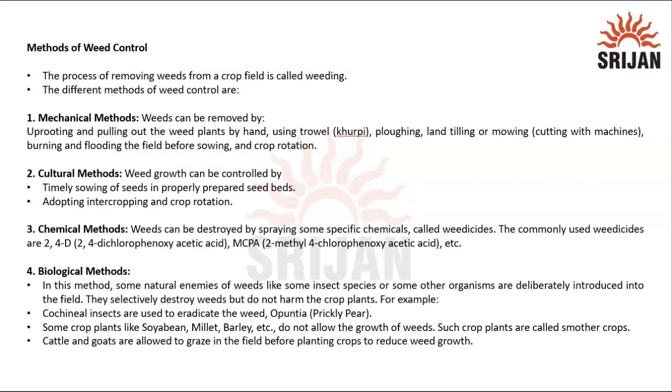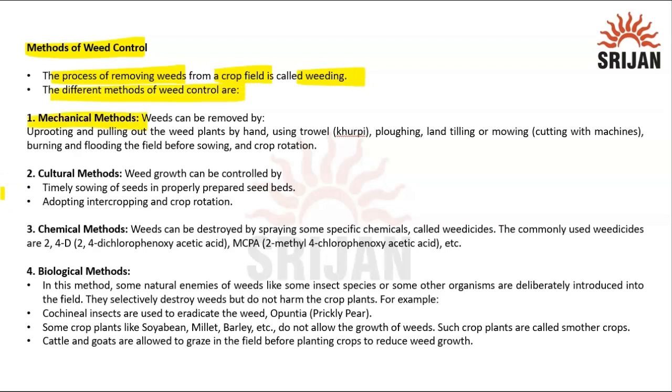Okay, so if I talk about the different methods to control weeds, there is a method called weeding, which is the process of removing weeds from a crop field, a very simple method. And how can you actually do that? The different methods of weeding or weed control begin with the mechanical methods.